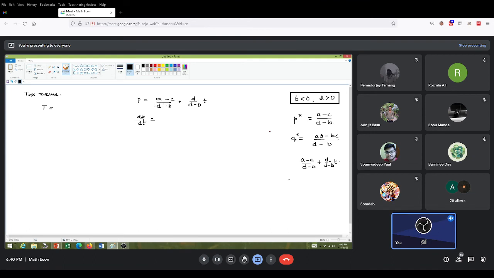This will be 0. So we simply have D minus B, and we know that this is positive. Next, the tax revenue is capital T equal to t into Q.